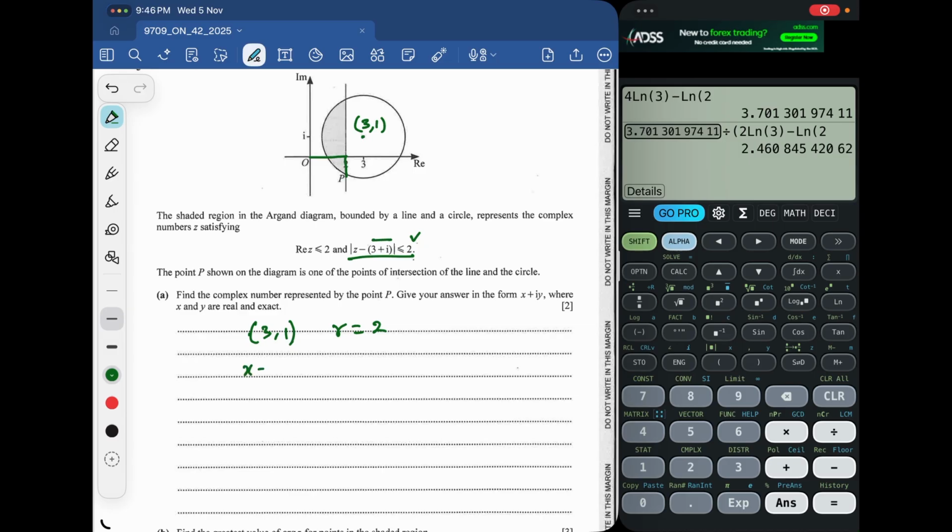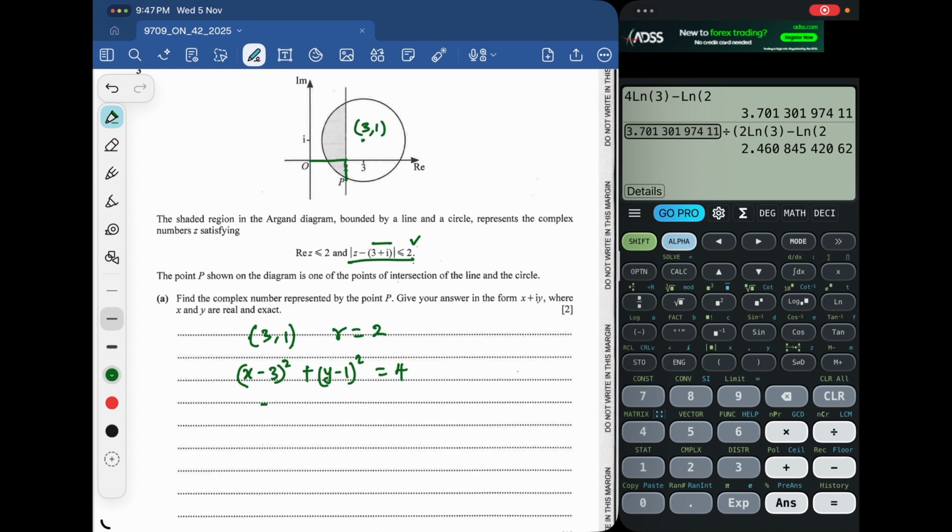All right. So (x minus 3) squared plus (y minus 1) squared is equal to 4. So r squared, 2 squared. So this is the equation of this circle. And this line x is equal to 2. So I put x as 2. So this will be (2 minus 3), so minus 1 squared. x is 2 because I need the point of intersection, plus (y minus 1) squared is equal to 4.